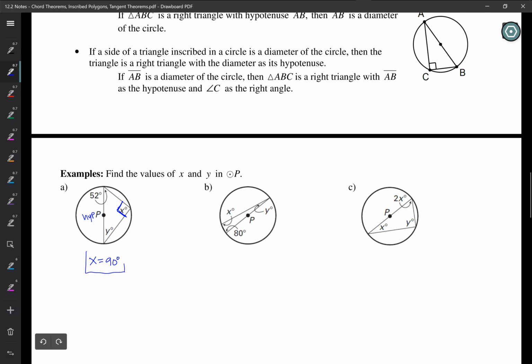Okay, well, it's a right triangle. We know the angles in a triangle add up to 180 degrees. And if that one's 90, 180 minus 90 is 90. The other two angles have to add up to 90.